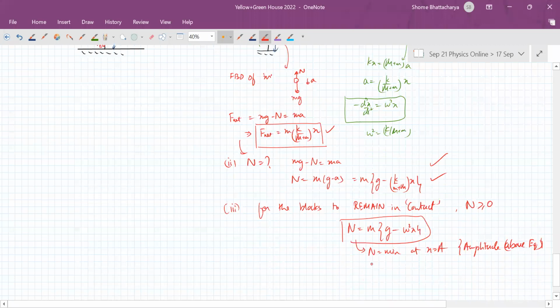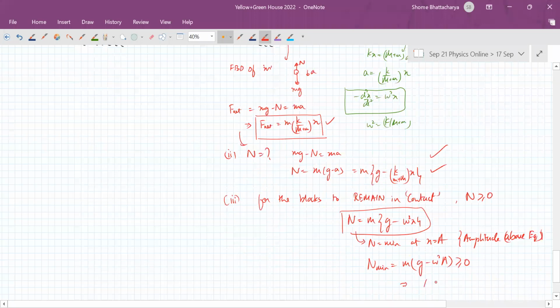So N's minimum value will become m into (g minus omega square A), and this should be greater than or equal to 0. So this shows you that A should be less than or equal to g by omega square, because here this term is only your omega square.